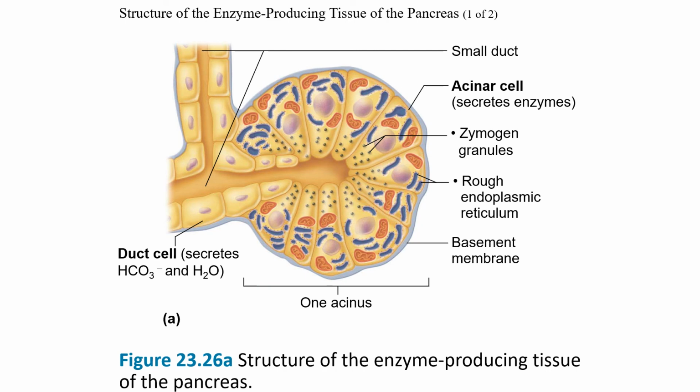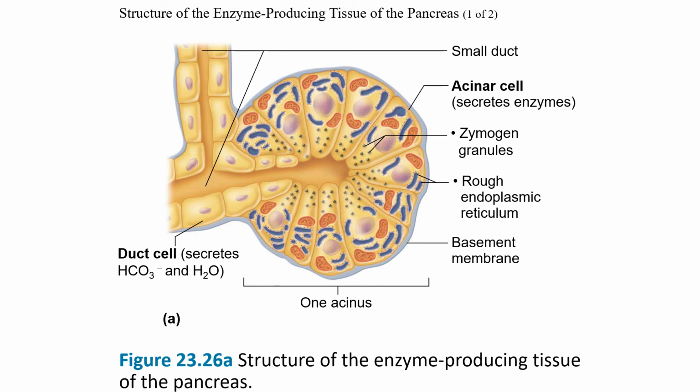So here's a picture showing the acinar cells. It's called an acinus because it's kind of round. Okay. You see the zymogen granules that contain all the proenzymes. And then the gland cells, or the duct cells, secrete bicarbonate and water.